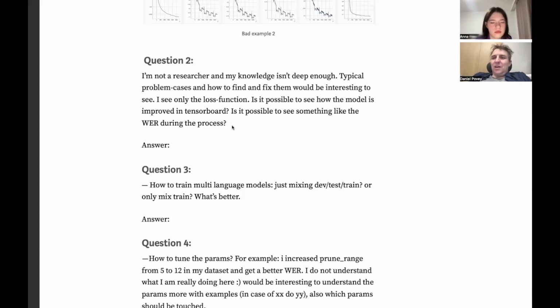Setting use FP16 to false will increase memory usage, so you also set the max duration. So: print diagnostics equals true, a smaller max duration, and use FP16 equals false.